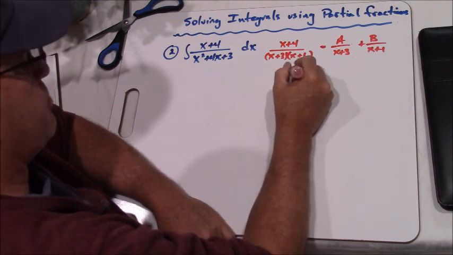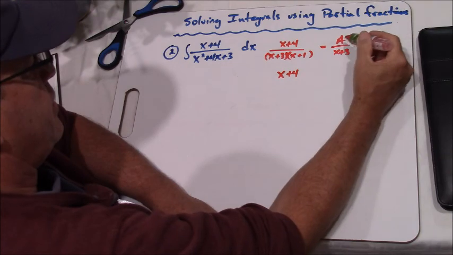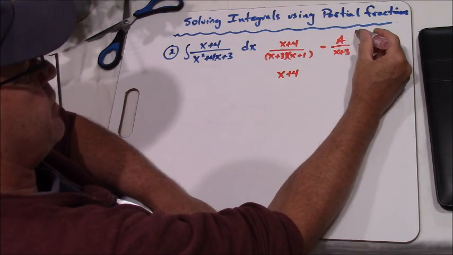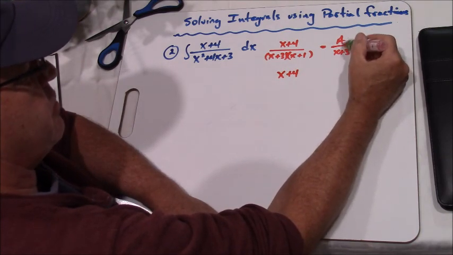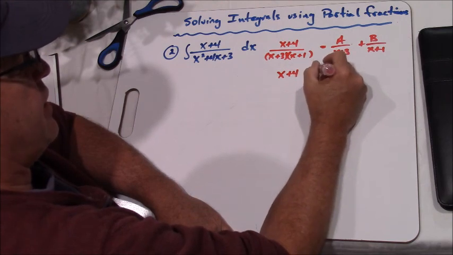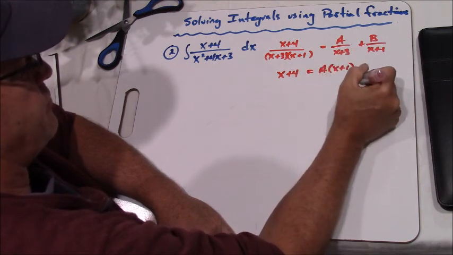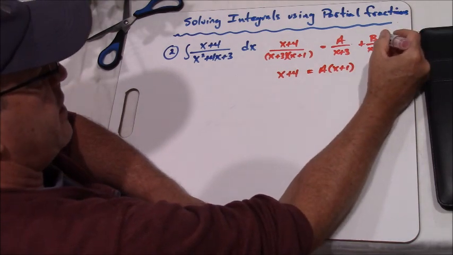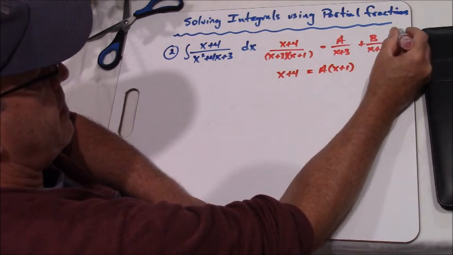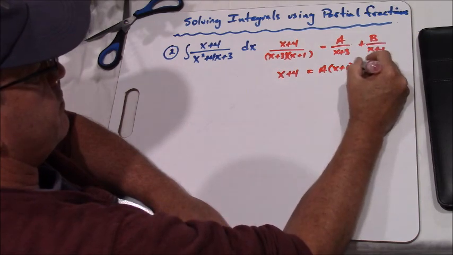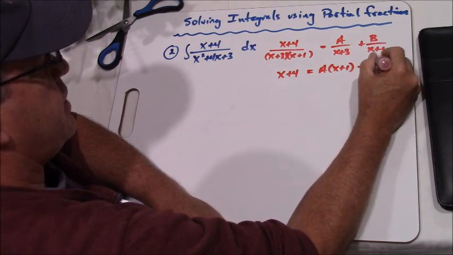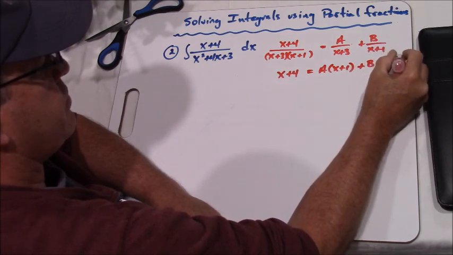So I would end up with x plus 4. If I had an x plus 3 times x plus 1 here, it's the x plus 3's that would cancel. So I've got a times x plus 1. And over here, if I had an x plus 3 and an x plus 1, it's the x plus 1's that would cancel. So I'd have b times x plus 3.